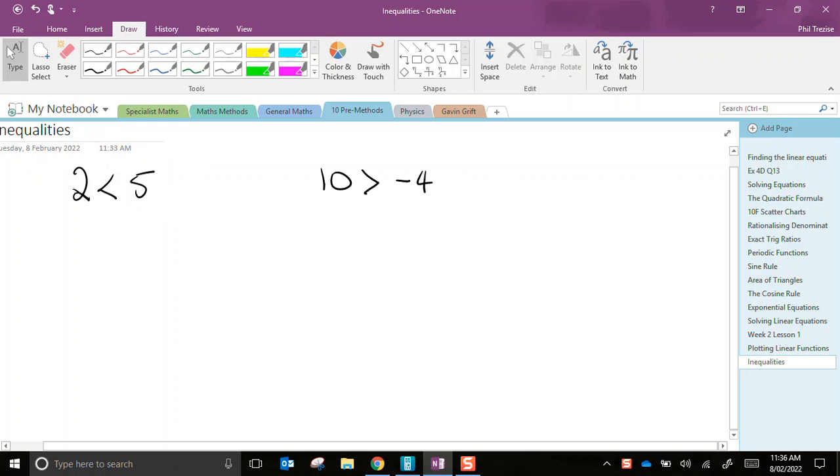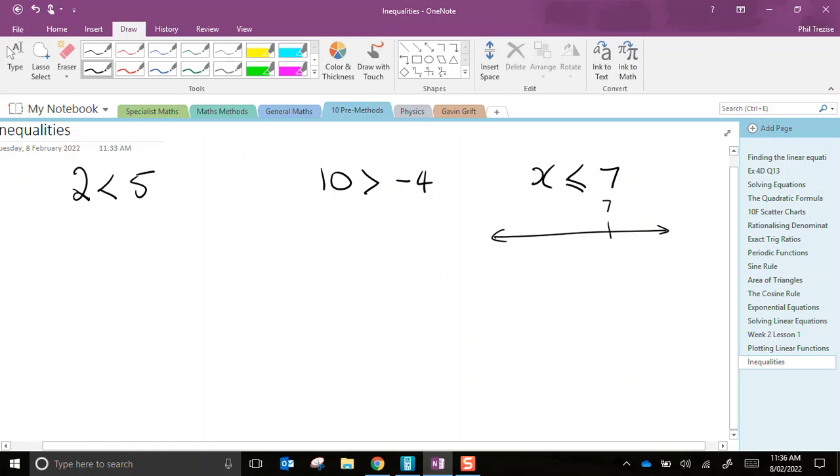We could have something like x is less than or equal to 7. So with a pronumeral, there's a range of different values that x could take, and we could symbolize that with a number line. So if I imagine a number line here, and I'll mark in the value of 7.